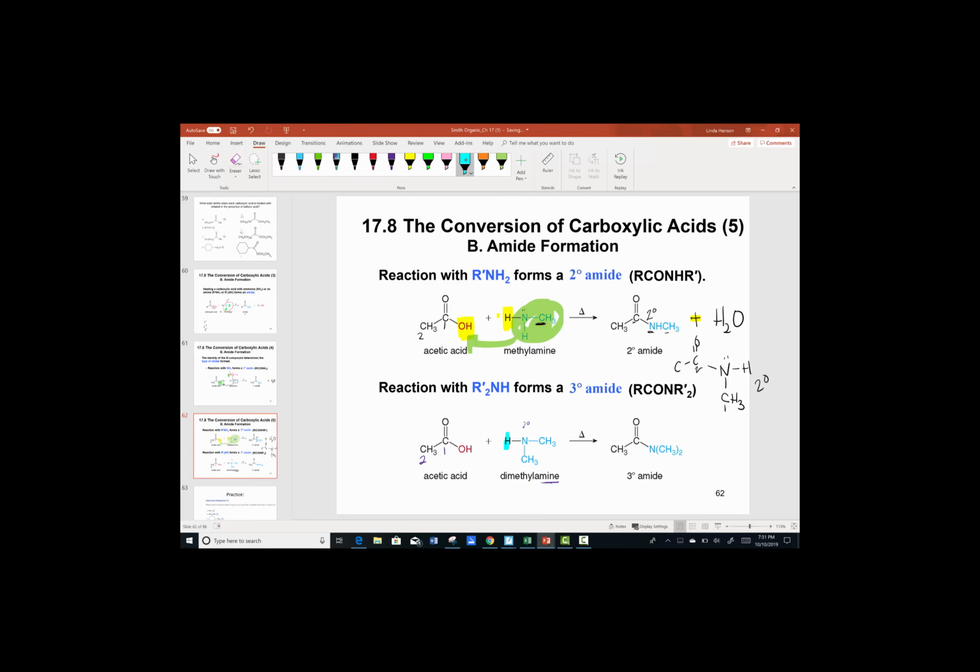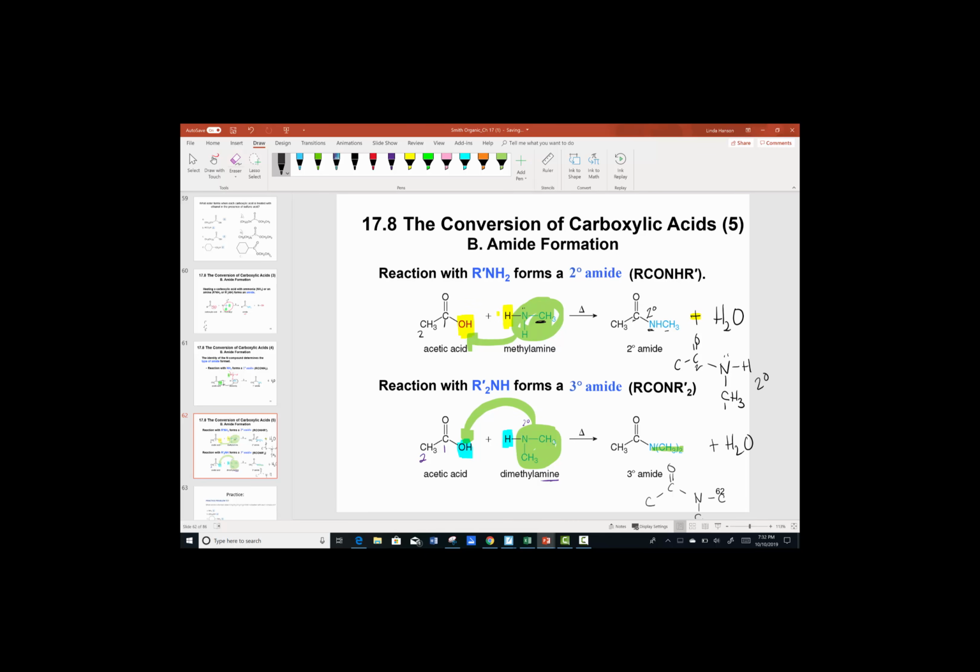We know to take the H and the OH, and they combine to make water. Then this part of the structure from the amine will replace the OH group from the acid. And here, the NCH3 taken twice can also be drawn as the original structure. We have a nitrogen attached to two other carbons, and therefore it is now called a tertiary amide.